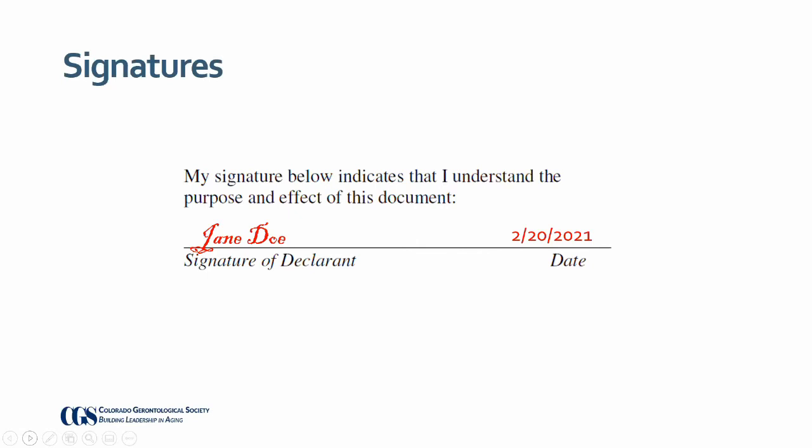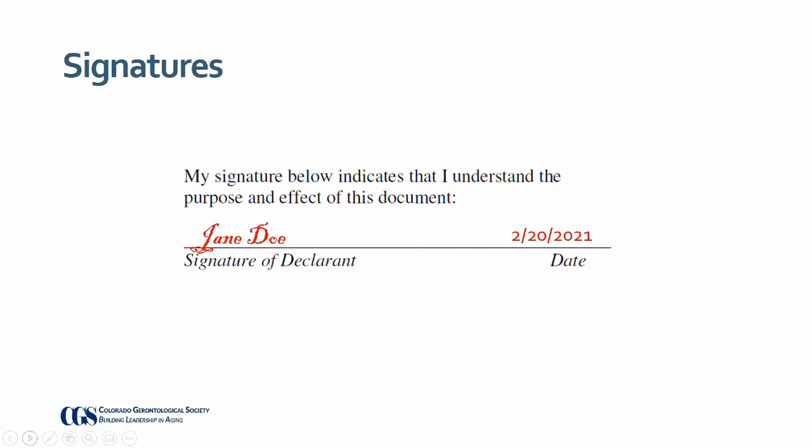If you have decided that you're going to get your form notarized, make sure that you do not sign your form until you're in front of that notary. The notary is that unbiased witness that is there to certify that you are the person that you say you are, and that you signed this document, and that no one forced you to sign this document, and that you seem to be of sound mind when you completed the document.